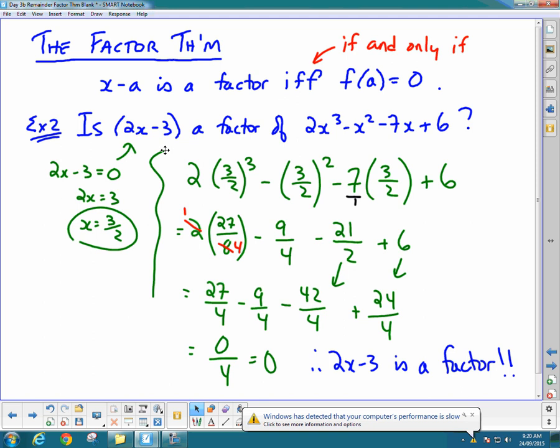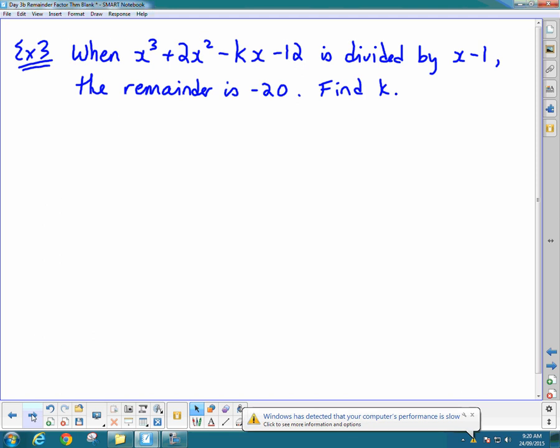Any questions on the factor theorem? Okay, and this last question that we're going to do is an example where it's just getting us to practice the factor theorem in a different sort of question. It says when x cubed plus 2x squared minus kx minus 12 is divided by x minus 1, the remainder, it turns out, is negative 20.